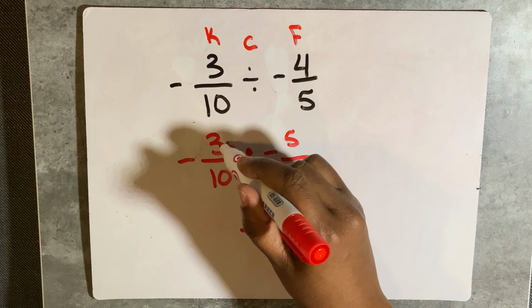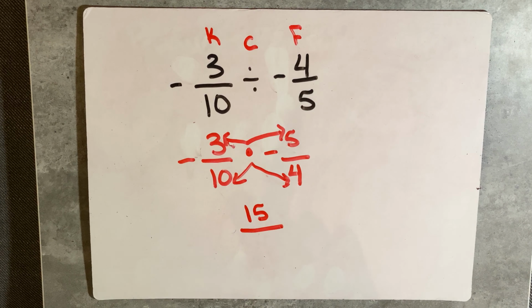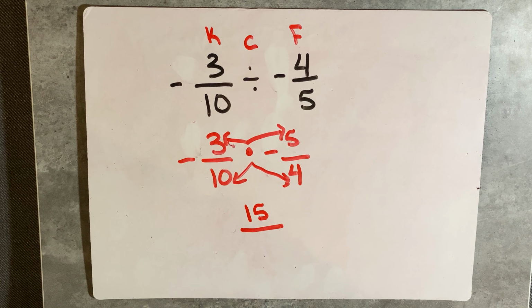Those are the numbers we're getting. On the next example, I'll show you different colors. So 10 times 4 is 40.